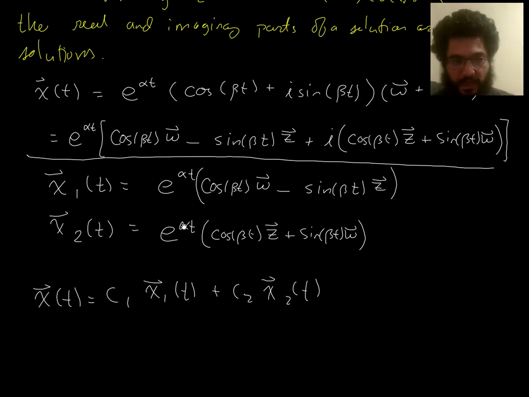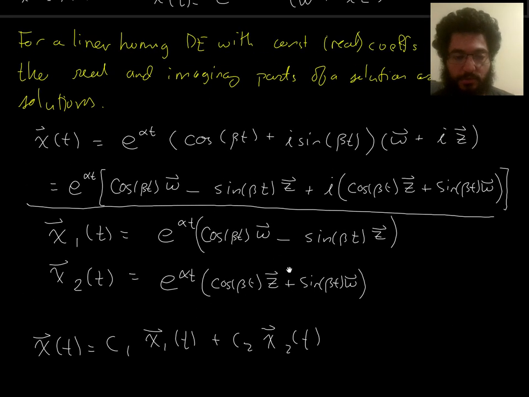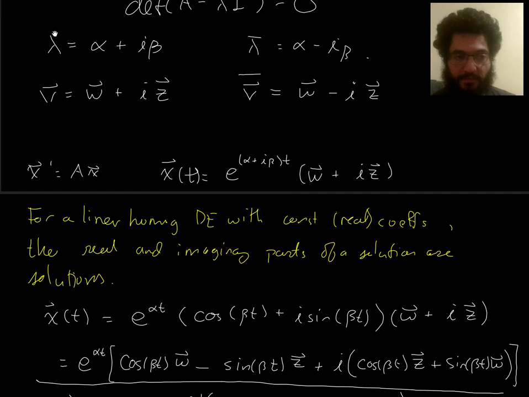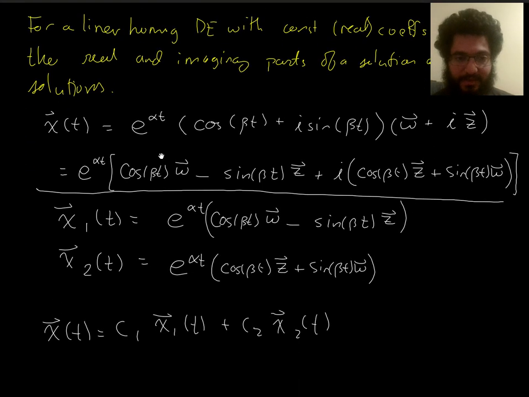We're also starting to get a hint as to what the real and imaginary parts of the eigenvalue do to these solutions. So you get your complex eigenvalue, alpha plus i beta. You can see alpha plays the role of an exponential growth or decay rate in front of any solution.